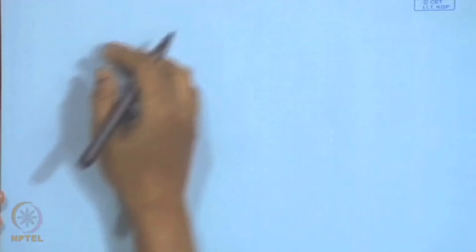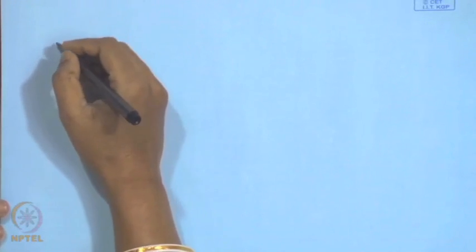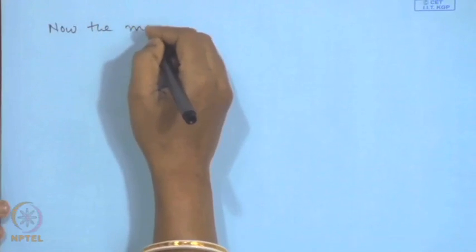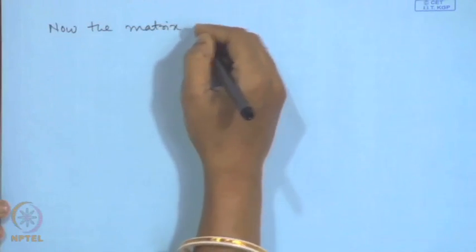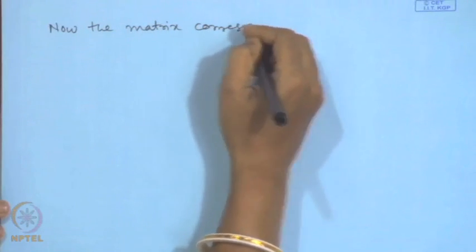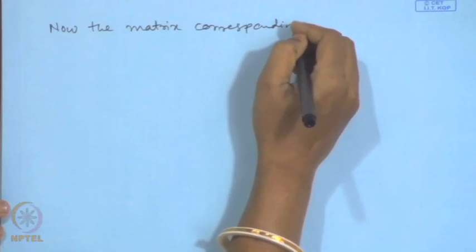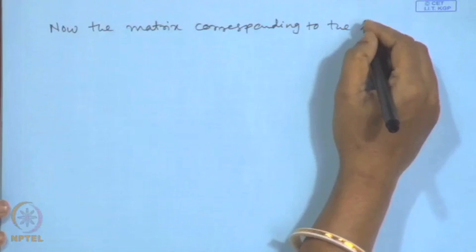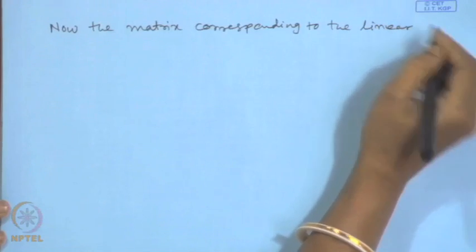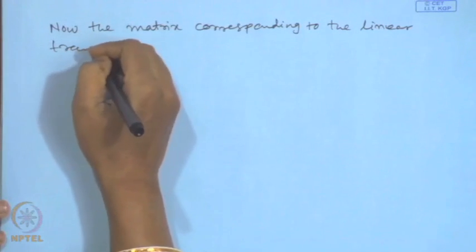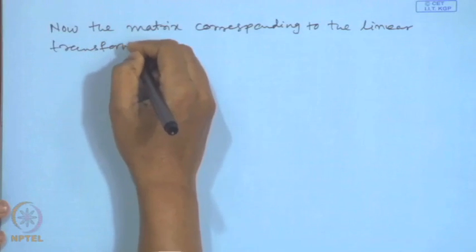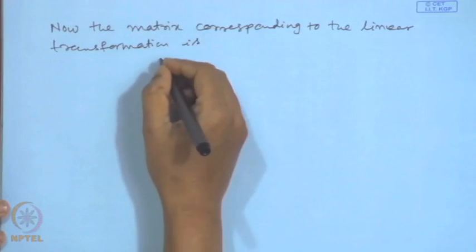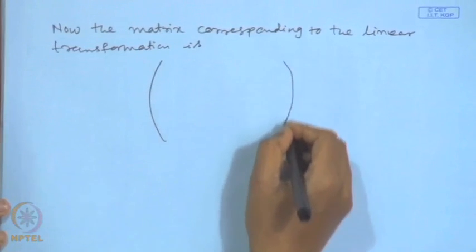The matrix corresponding to the linear transformation is actually this matrix.